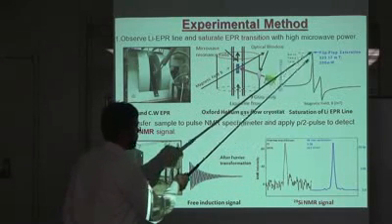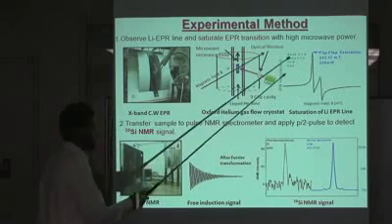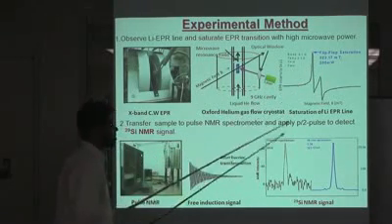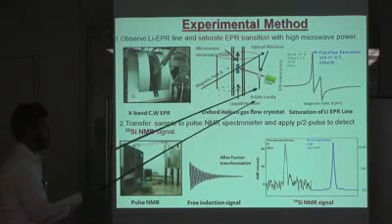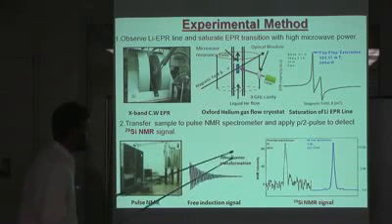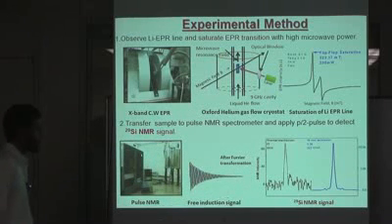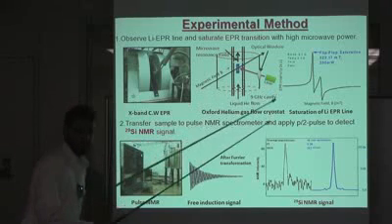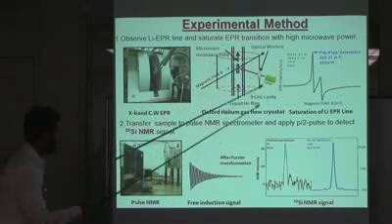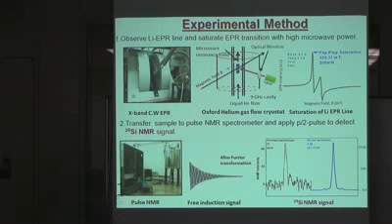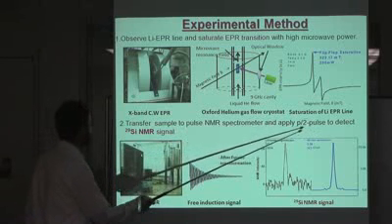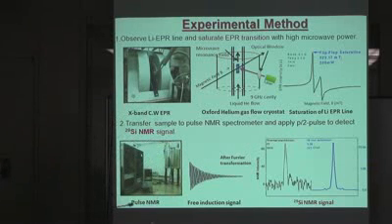We perform flip-flop saturation at 323.17 millitesla with 200 milliwatt microwave. After saturation for time T, we transfer our sample to pulse NMR and apply a pi/2 pulse to detect the 29Si NMR signal.